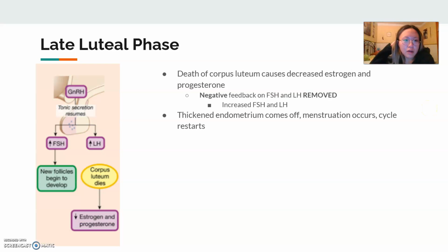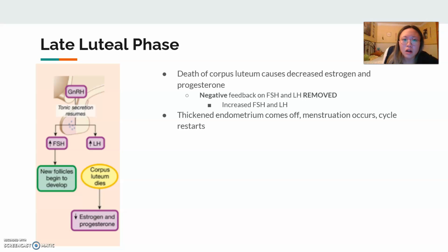And then we arrive at the late luteal phase, where the corpus luteum ends up dying. The corpus luteum only has a lifespan of a few days, but when it can no longer sustain itself, it dies, and after it dies, it can no longer produce estrogen and progesterone, so the levels of estrogen and progesterone decrease, and this decrease in those hormones removes the negative feedback on FSH and LH.